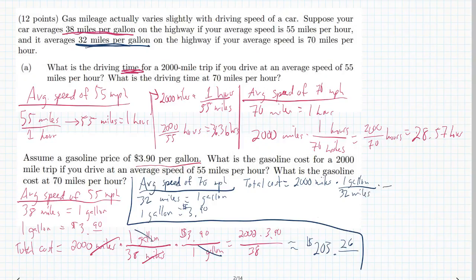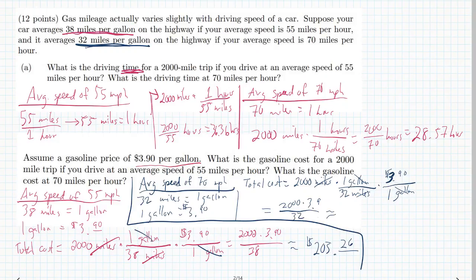And then we need to cross off our gallons, because notice miles will cross off right there. So now we're in terms of gallons, so we'll get gallons down here, and then we'll put in a dollar sign, so that's going to be $3.90. That's a 3, don't let your eyes fool you. And then that's per 1 gallon, so now your gallons can cancel. So notice our total cost was equal to 2,000 times 3.9, all divided by 32.